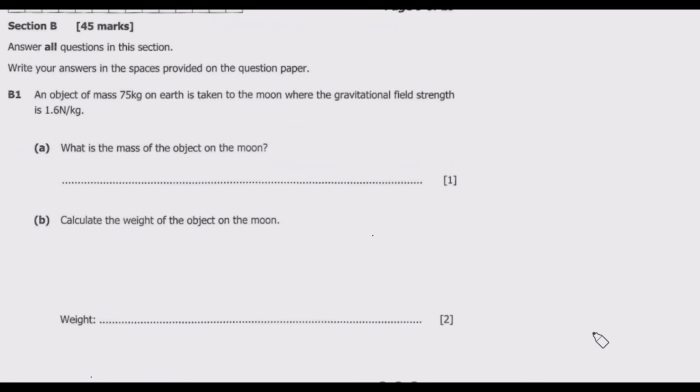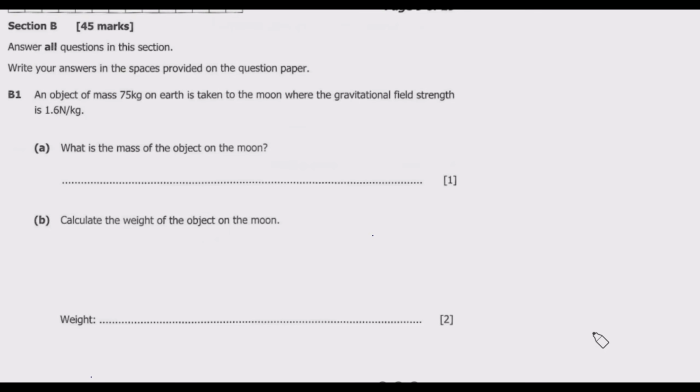An object of mass 75 kg on Earth is taken to the moon, where the gravitational field strength is 1.6 Newton per kg. What is the mass of the object on the moon?